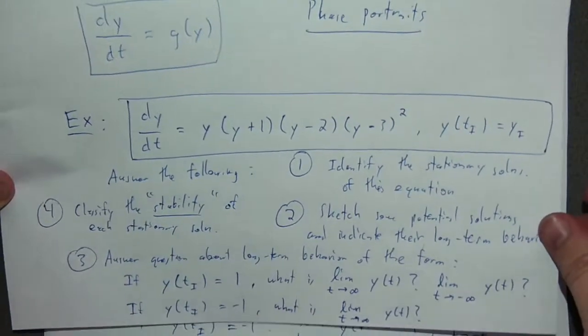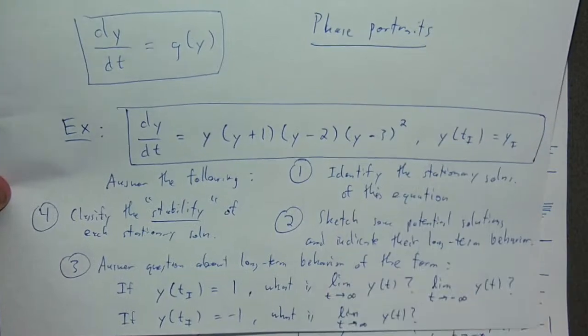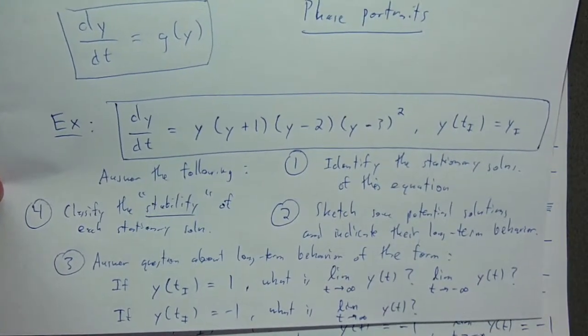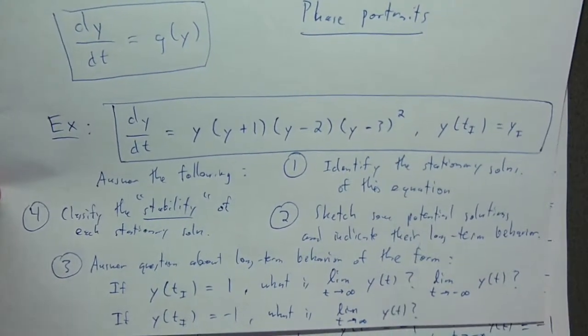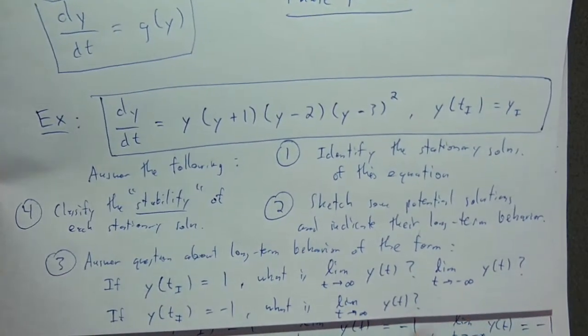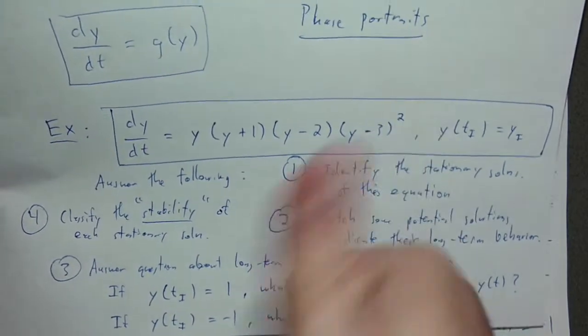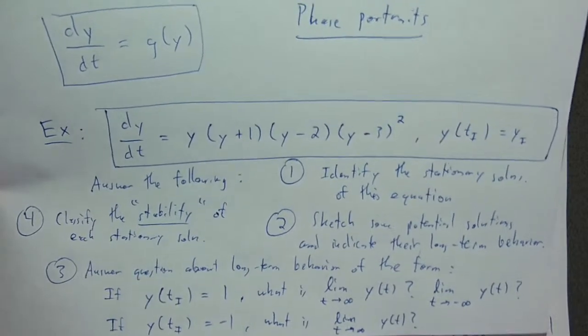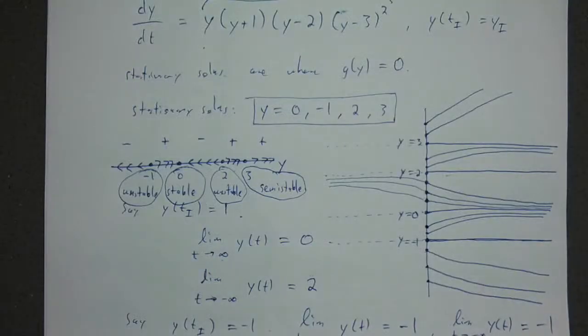So if I go back to my original question list, what did we want to do? Identify stationary solutions. Yep. Sketch any potential solutions that indicate long-term behavior. Yep. Answer questions about long-term behavior, asking what the limits are as t goes to infinity. Yes. Classify stability of each stationary solution. Yes. So we've done that too. All right. Now, what other sorts of things can you be asked about these types of problems?